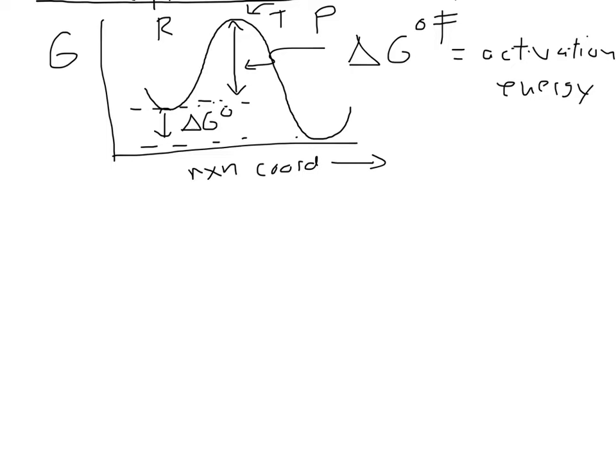If this is for the uncatalyzed reaction, the presence of the catalyst will lower the energy of the transition state. So here's the transition state. It's going to lower that. So let's draw another dashed diagram like this.